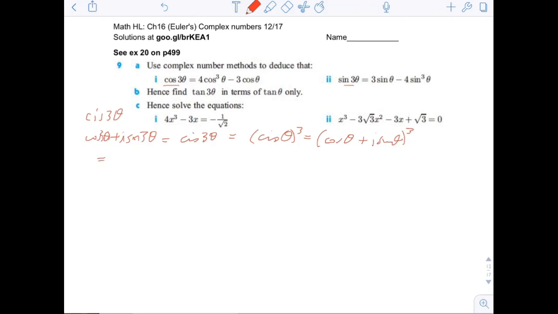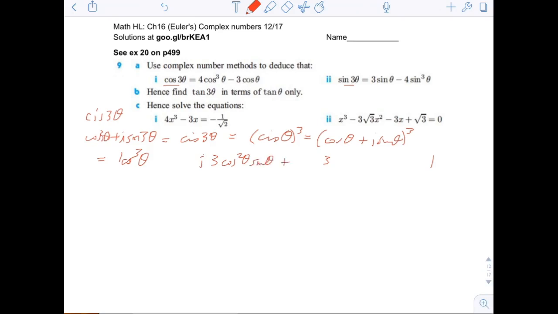And if we expand that with binomial expansion, we'll get cosine cubed theta. We get cosine squared theta times i sine theta.